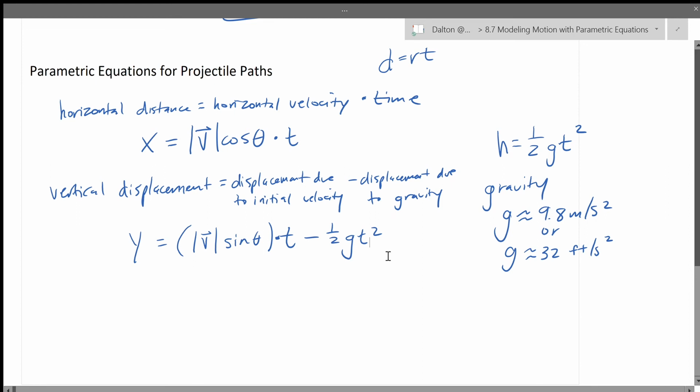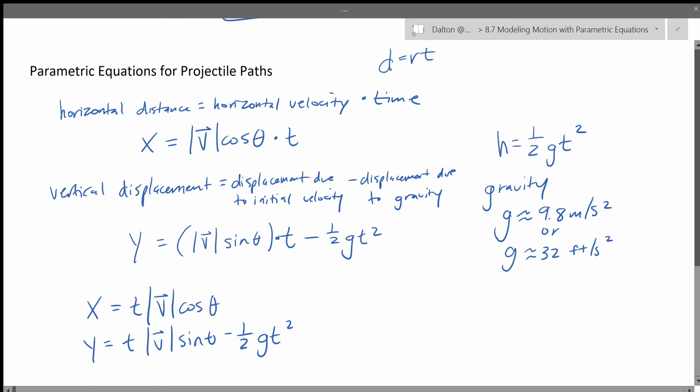In general, what you need to know is your parametric equations for projectile paths are going to be denoted as x equals t times the horizontal velocity, and then y is going to equal t times the vertical velocity, so that one involves the sine of theta, minus the displacement due to gravity, so minus 1/2 gt squared.